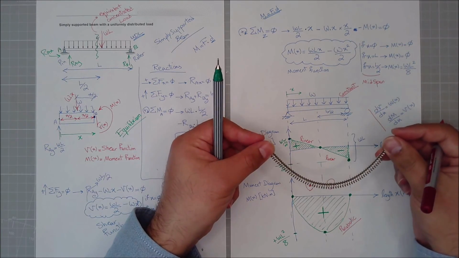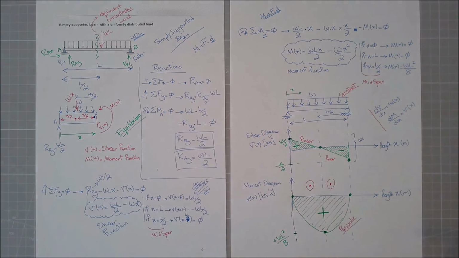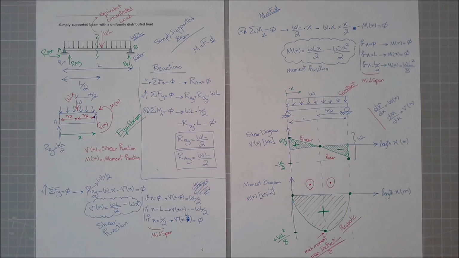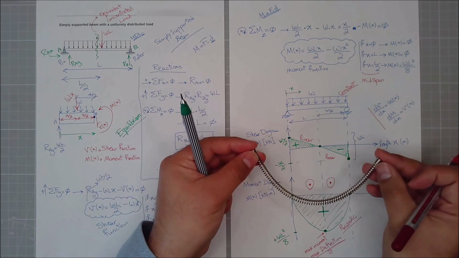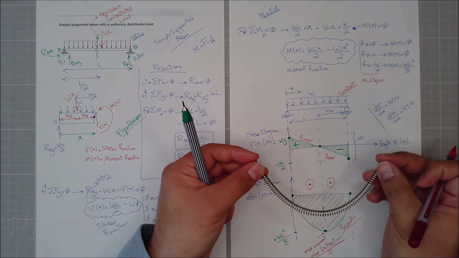Probably in its middle, where the maximum deflection happens. So over here is maximum moment, and probably the maximum deflection of the beam, which we will learn how to calculate later on. Isn't this the maximum deflection? Yep. Where is it? In the midspan.